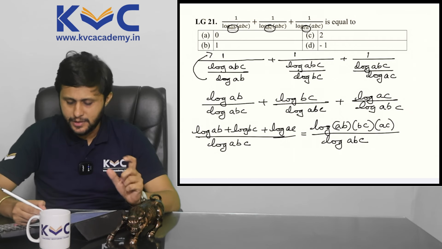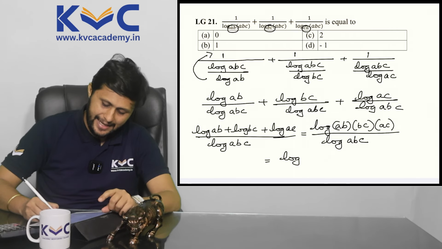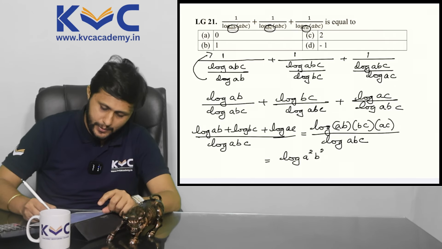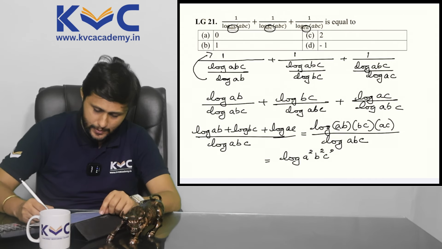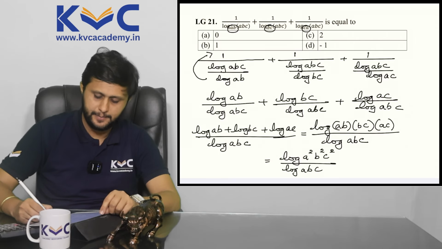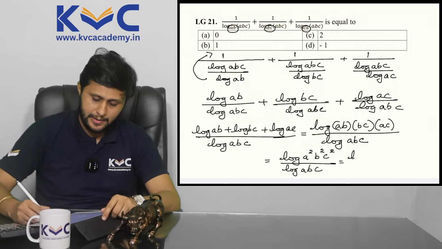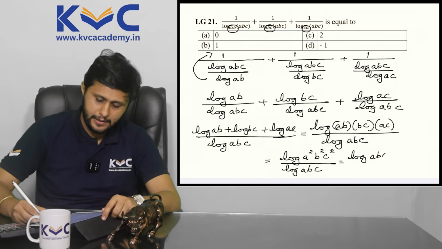In order to multiply, we just have to count how many times we have A. So we have log A square, B square, B is repeated twice, C square, divided by log ABC. A square, B square, C square, can it be written as log of ABC whole square? Correct?